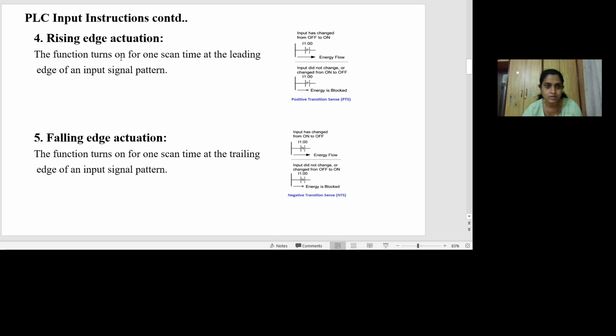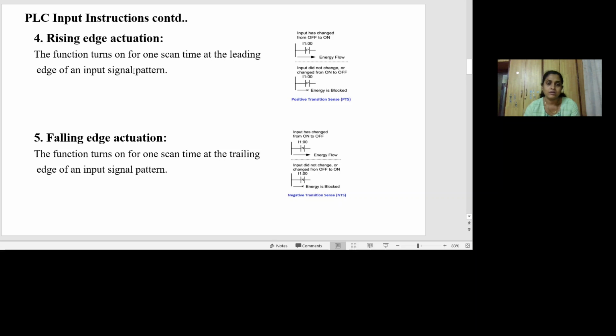The next two instructions are related to the transition of an input. In the earlier three instructions, that is NO contact, NC contact, latch and unlatch system, the output element was energized or de-energized based upon the levels at the input line.